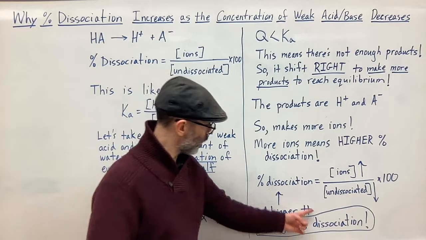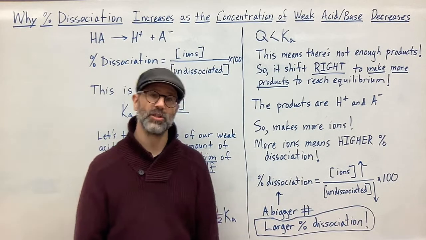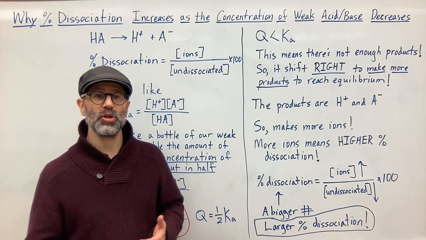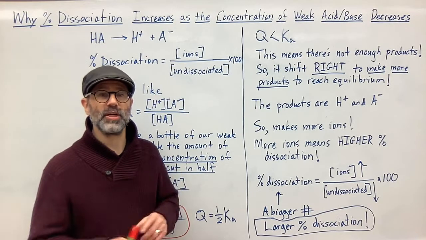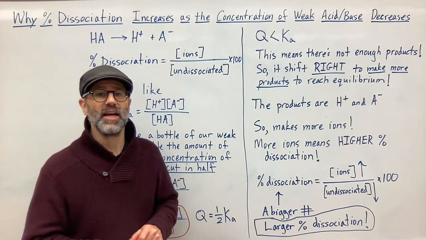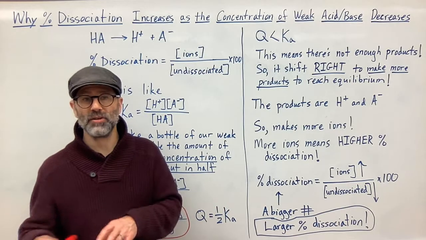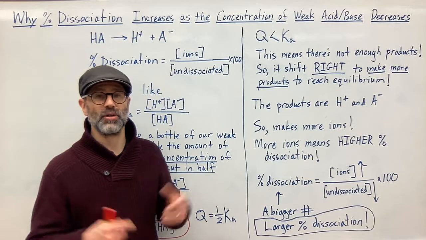So we're going to have a bigger number here, which means we have a larger percent dissociation. And that's why even though you decrease the concentration of your weak acid or your weak base, the percent dissociation is actually going to increase.